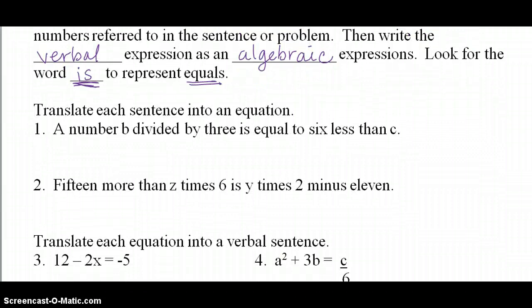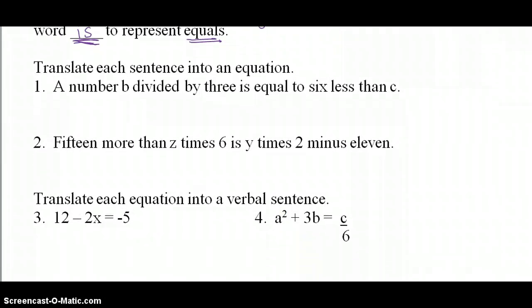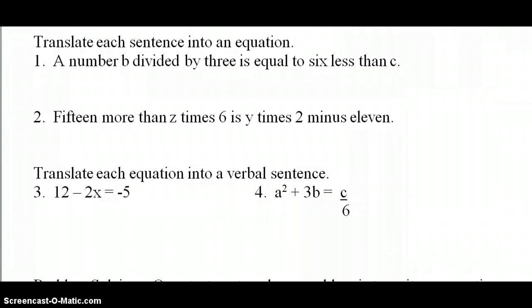Okay, as we continue our review, it says translate each sentence into an equation. So we're going to have to practice reading the words and making the algebraic equation. A number b divided by 3 is equal to 6 less than c. Alright, so let's start at the beginning.